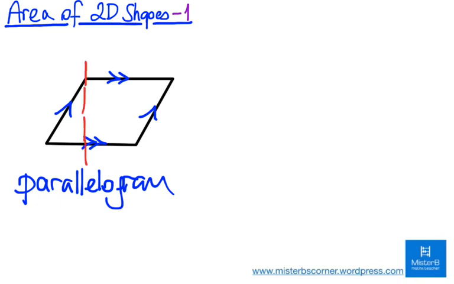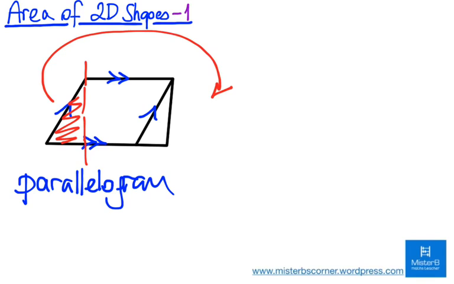I cut from here to take this triangle and add this part. That's going to be a rectangle when I do that. If I just move this triangle, cutting from here and taking it to here, then what I'm going to have here will be a rectangle, or sometimes maybe a square.